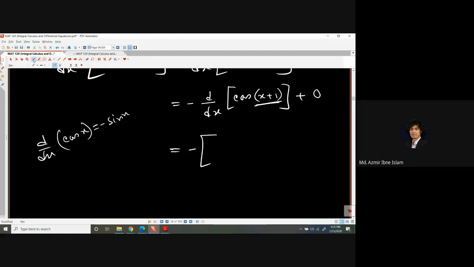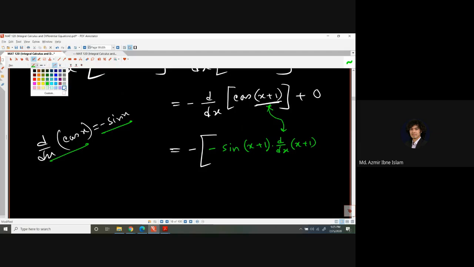At first, consider this x plus 1 as a simple x. So differentiation of cosine x is negative sine x. So differentiation of cosine(x plus 1) will be negative sine(x plus 1). And remember, you have considered x plus 1 as x, so it should be again under differentiation, and these two parts are multiplied. Okay, this is called the chain rule.